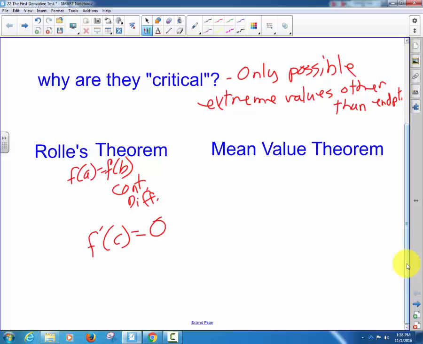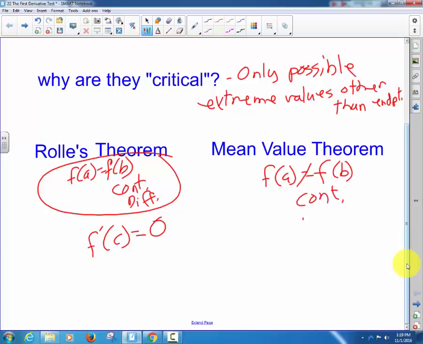Now, out of those three things, what's different about Rolle's and the mean value theorem? f(a) is not equal to f(b). That's right. The only difference is that it still has to be continuous, still has to be differentiable, but the endpoints are not equal.